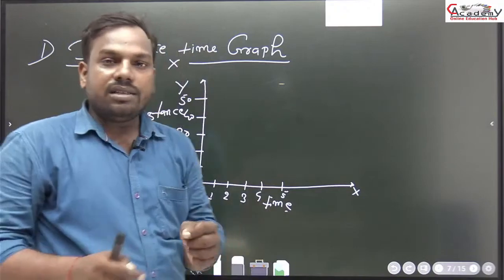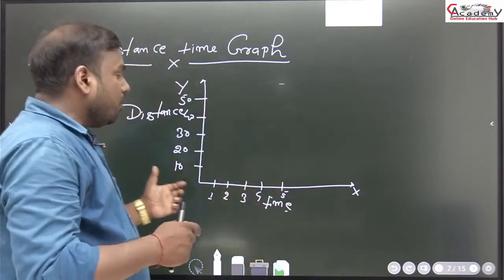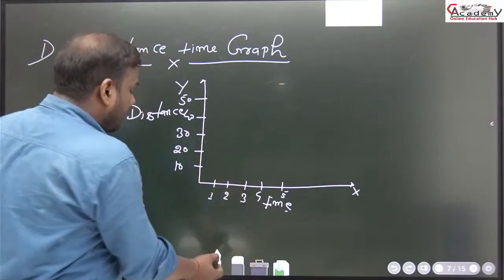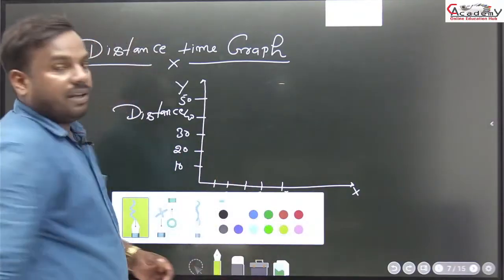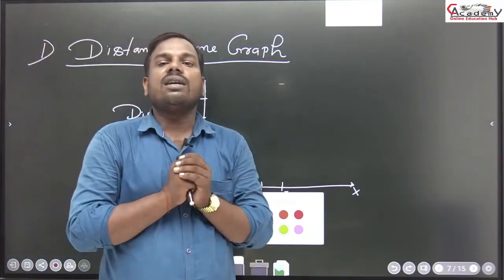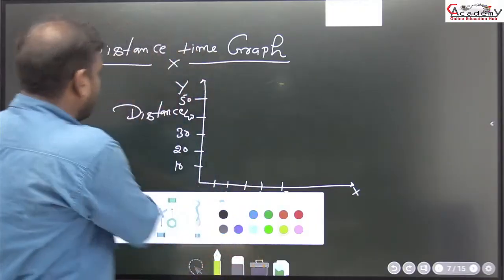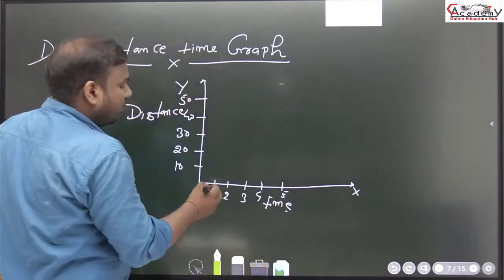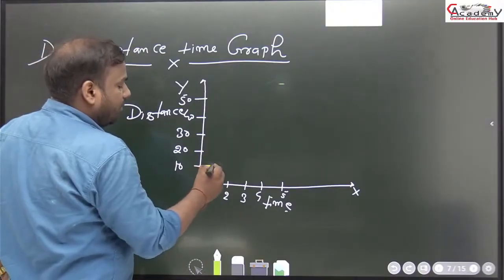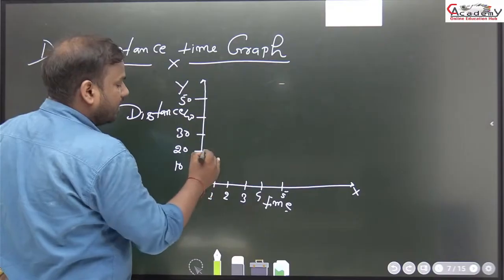But when we start to draw the distance time graph, we have two options: it is a uniform motion or non-uniform motion. Uniform motion means equal distance in equal time intervals. For the first second he moved 10 meters, then we got a point.